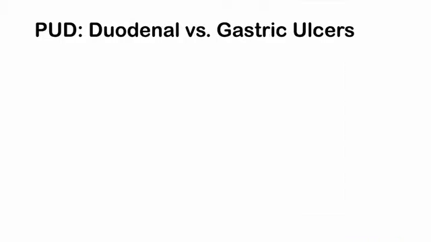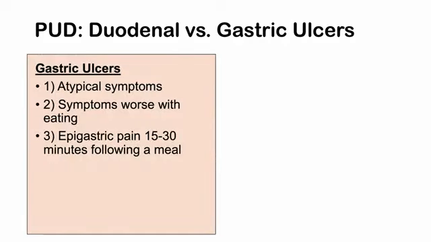Now let's talk about the differences between duodenal and gastric ulcers and why and when symptoms occur with each of them. So with gastric ulcers, they're more likely to have atypical symptoms. And what is noted here is that symptoms are worse with eating, and the pain or the discomfort in the epigastric area occurs roughly 15 to 30 minutes following a meal.